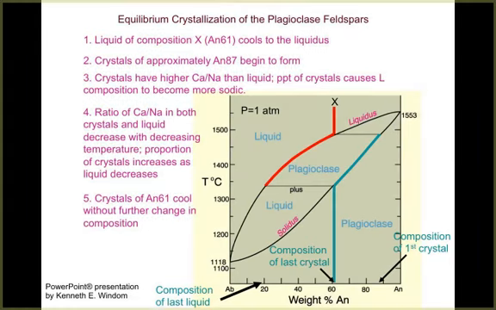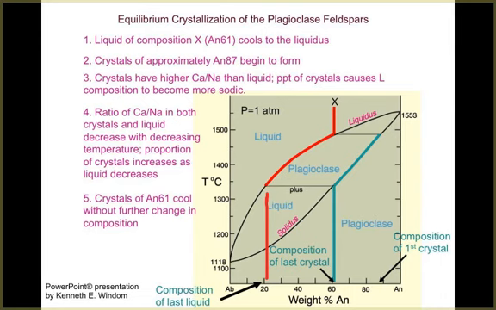The last thing I'll point out on this diagram is the last drop of the liquid. That composition can be estimated by dropping down a vertical line to the x-axis here, and you see that there's a composition of about AN20 or AN21. So the final composition of the liquid is very much different from the initial composition.